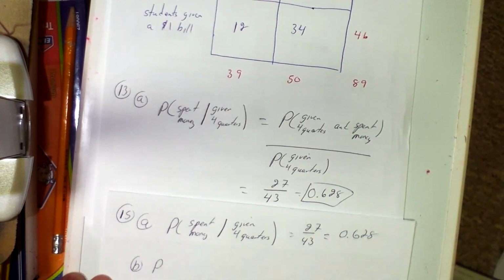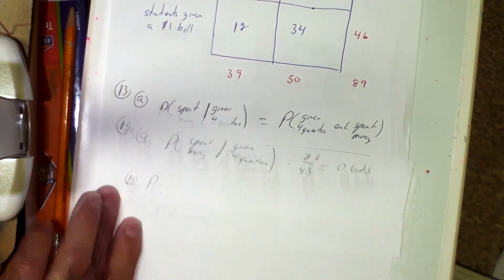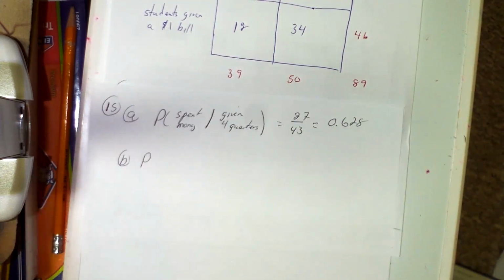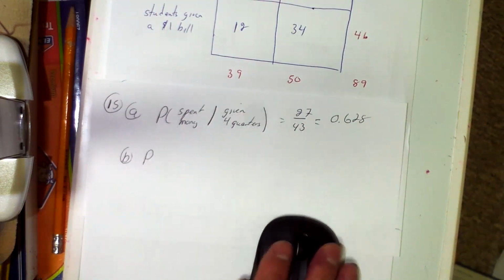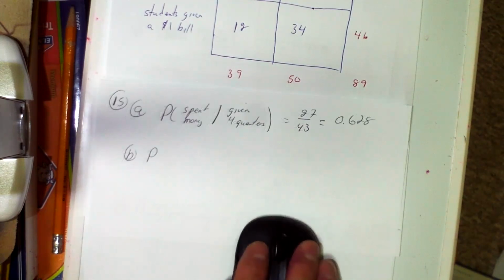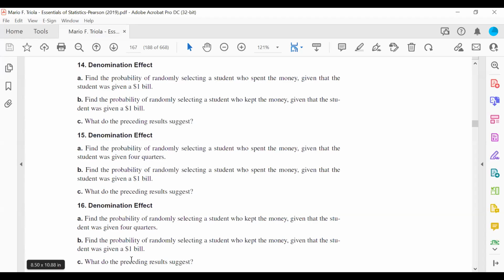I wonder if he did B the same. Let's see if he did B. Let's see if that comes out the same as 13B. So B is find the probability of randomly selecting a student who spent the money given that the student was given $1. Okay, then yeah, it's different.